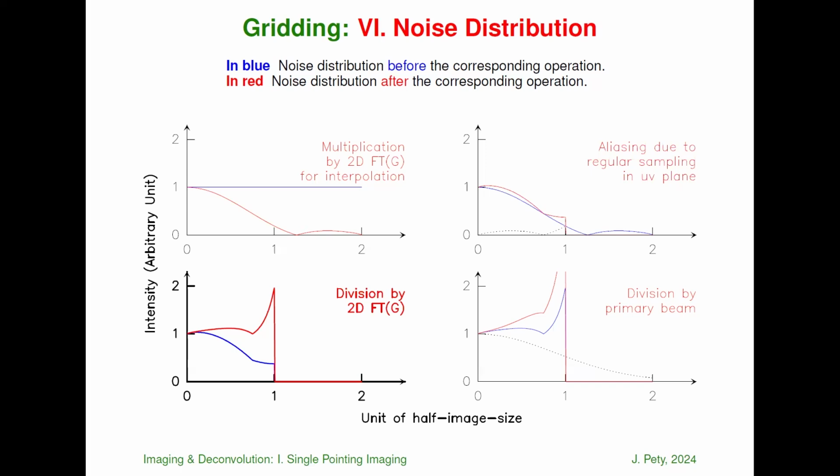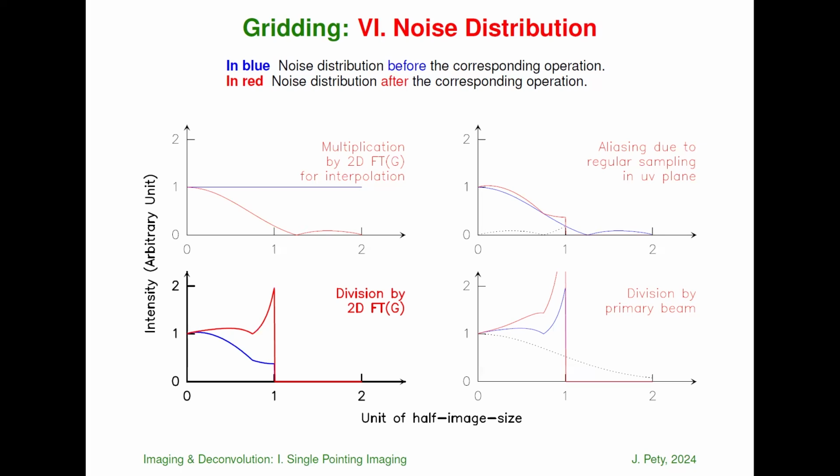And all of a sudden you're going very close to 0, so it's diverging. Okay. So after gridding, your noise is almost flat, almost uniform in the inner part of your image, but at the edges of your image, it will increase quite a lot.